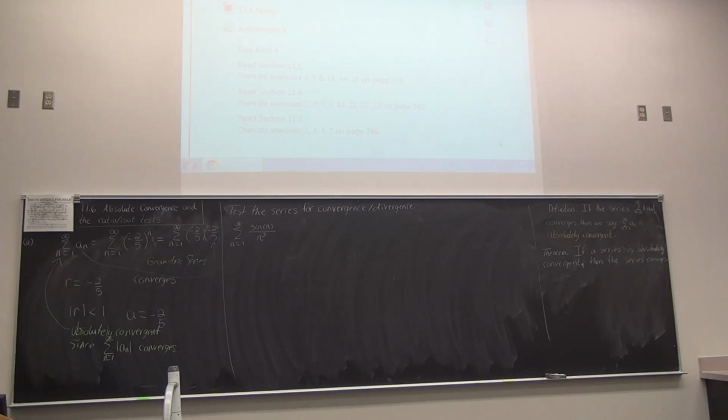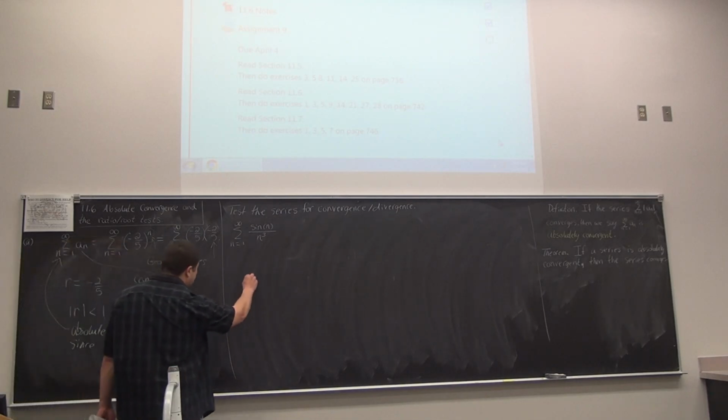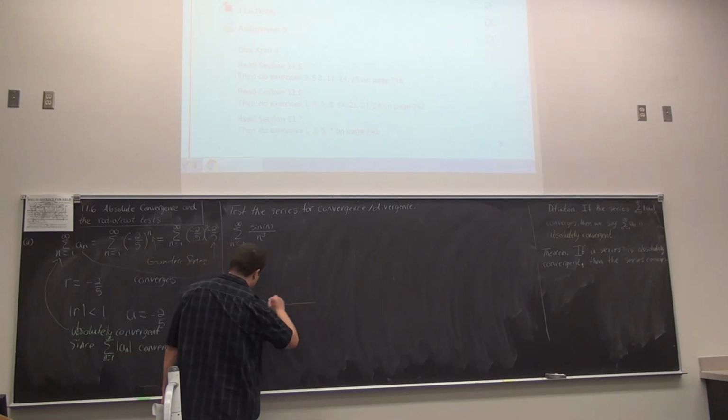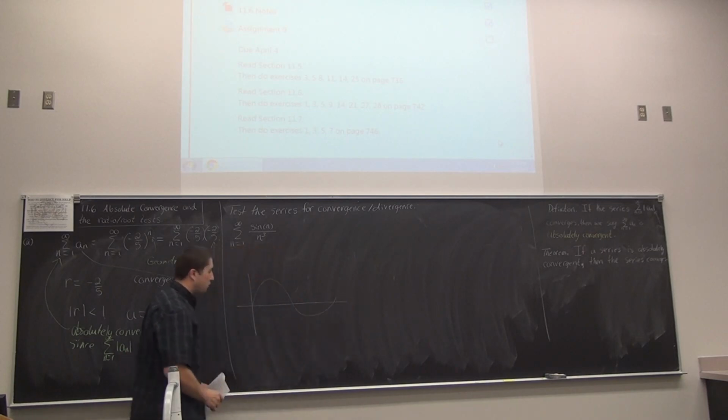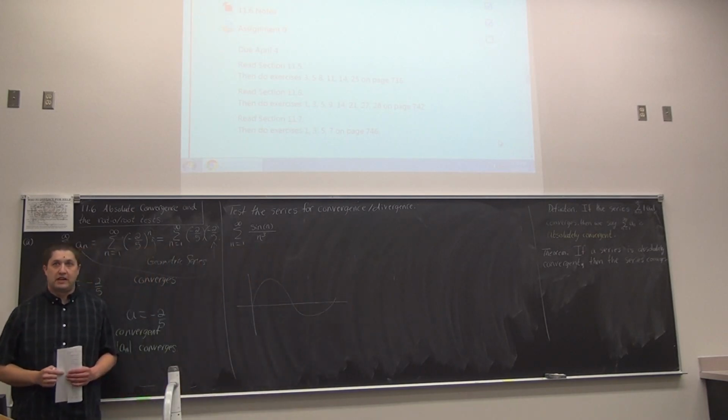We need to classify the type of series it is. We do have a sine n, and we've seen things like cosine n pi that gave us something that was alternating between positive 1 and negative 1. However, if we take a look at sine n, the curve for sine n will look about like this. But we only are looking at discrete points on this curve, not everything.